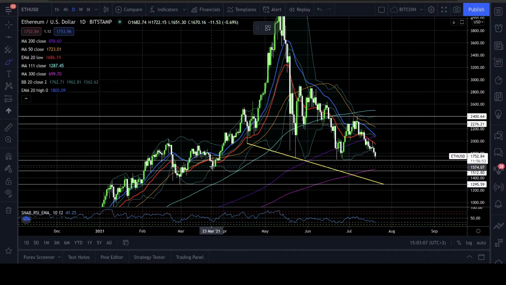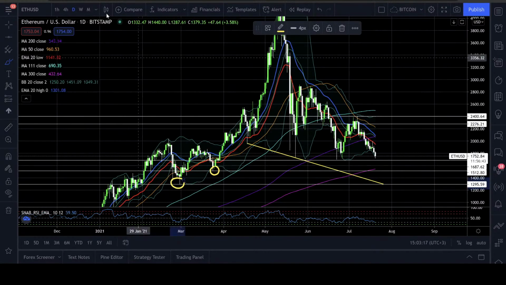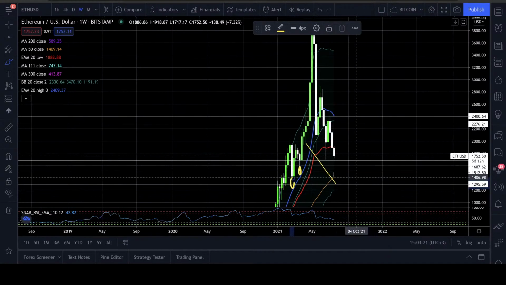When you look at the first one, this one's a bit too weak. So the most logical strong support would be somewhere around here, and that also coincides with the weekly 50 moving average, which once they intersect would be around 1400.